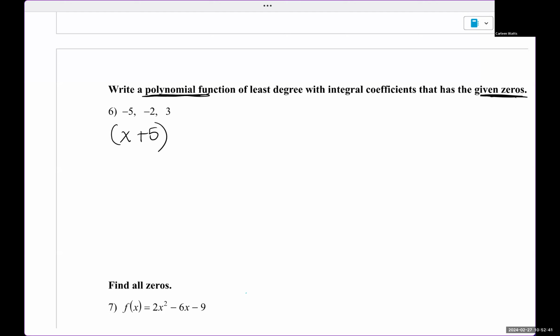So if the 0 is -2, the factor is x plus 2. If the 0 is +3, the factor is x minus 3. Yeah, step 1, we take the zeros and we make them into factors.